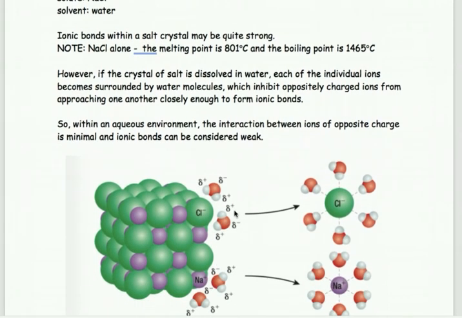But when you throw it into water, what happens is that water is polar. We studied that. It's got a slightly negative end and a slightly positive end. Here the red, bigger circle is the oxygen, and these white circles are the hydrogen. Remember, it's a bent molecule that goes like that.